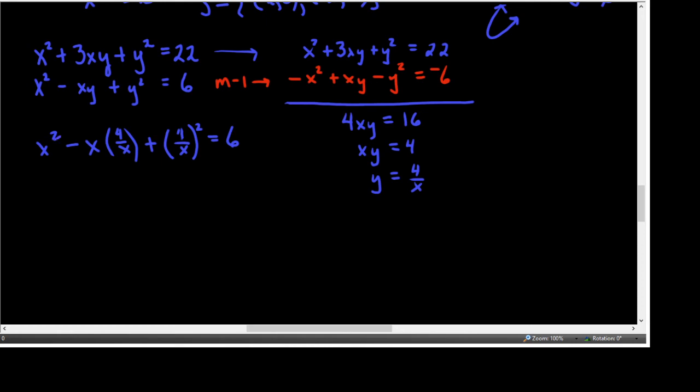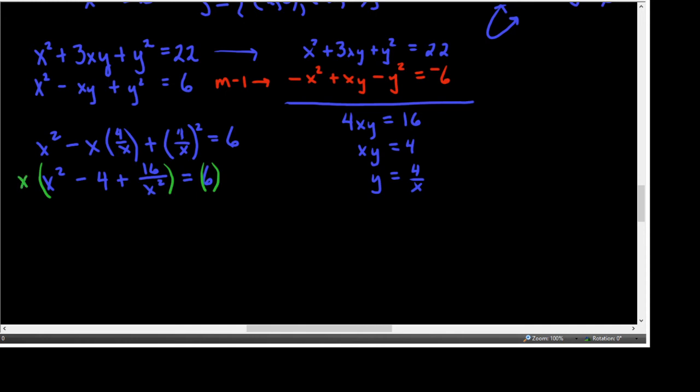Simplifying, I get x squared minus 4 plus 16 over x squared. You may remember from an algebra class in the past that if you have fractions in the equation, you can eliminate those fractions from the equation by finding the common denominator of all of those fractions and multiplying both sides by that common denominator.